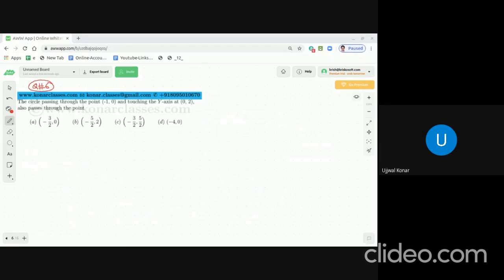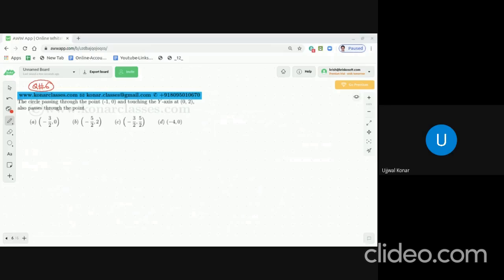Now, according to the question, it touches the y-axis, right? So now there are multiple ways we can solve this particular problem.